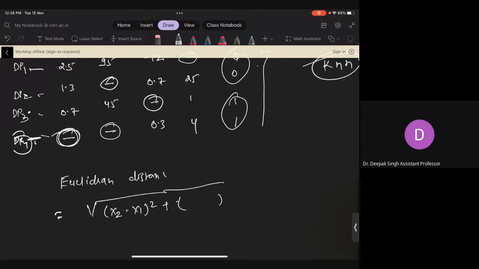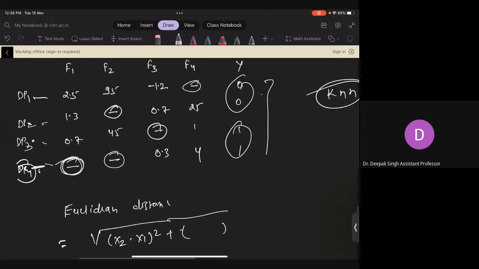Why? Because if you see data point 4 and apply the Euclidean distance on DP3, you have a missing value in this, you have a missing value, so what will the difference be? That would be an error, right? This difference would also be an error. The only difference that can be computed right now is between data values 1 and 4.